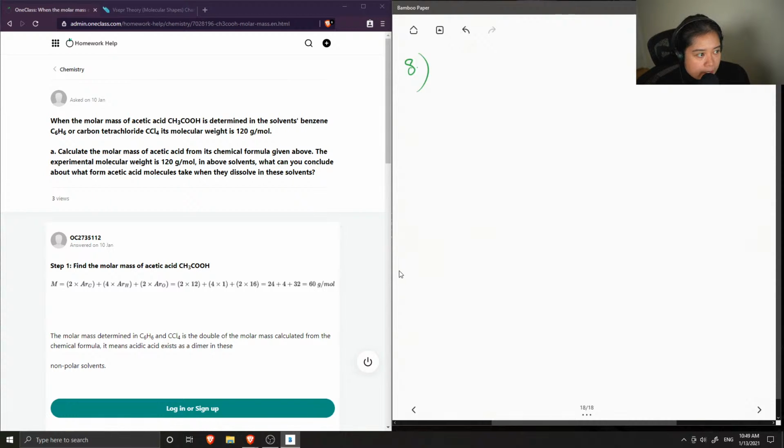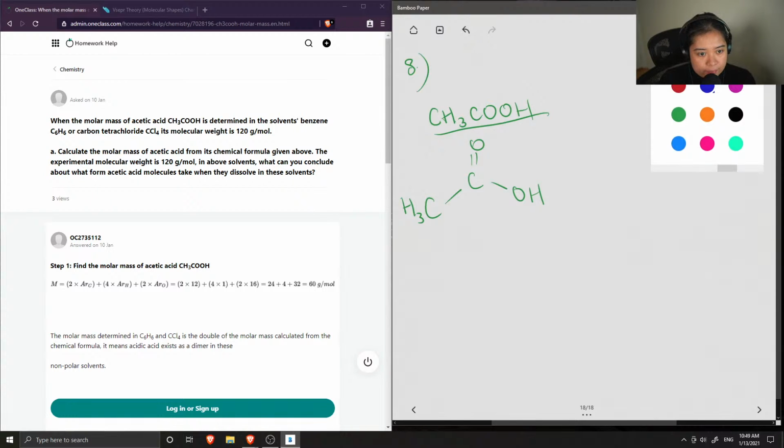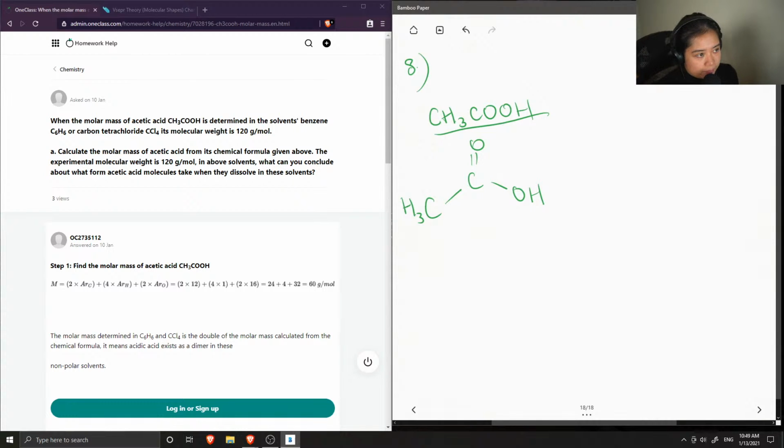Okay, so first we need to find the molar mass of acetic acid. So acetic acid, we can draw out the structure. This is the structure of acetic acid. And to calculate its molar mass, we need to find all the different molar masses of the atoms that are involved.